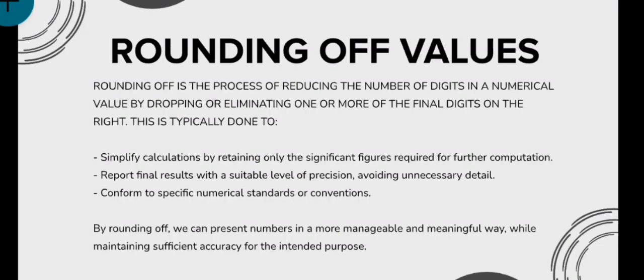And the last number system is the rounding off values. Rounding off is the process of reducing the number of digits in a numerical value by dropping or eliminating one or more of the final digits on the right.